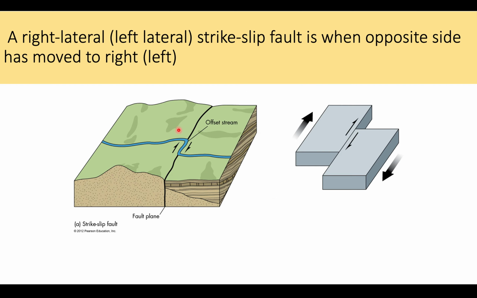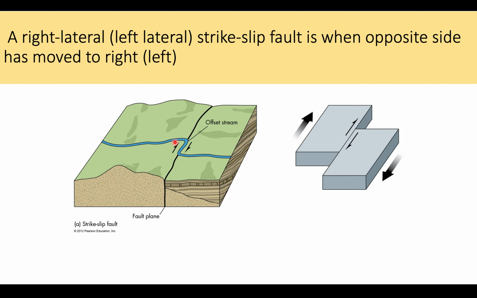So here we have another example. Here we have a right lateral is this diagram here, or this diagram here, where the right side of the fault is moving towards us, towards the observer. So the third way to think about right lateral versus left lateral is to imagine you were standing on the left block here.